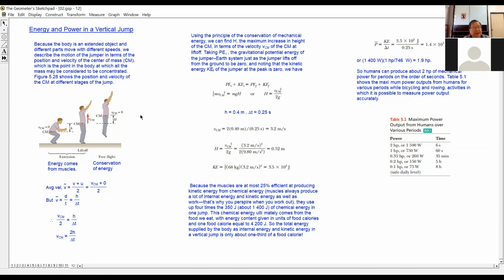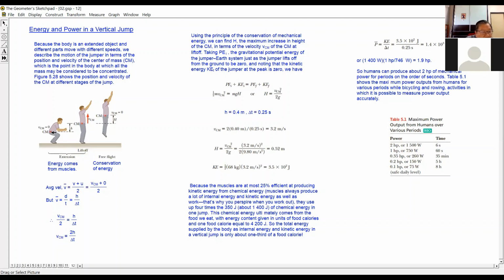So these are the figures that are involved. If I want to calculate the average velocity before the lift off, that means from the first until the second figure here, the average velocity during this time, the average velocity is the final velocity plus the initial velocity divided by 2.